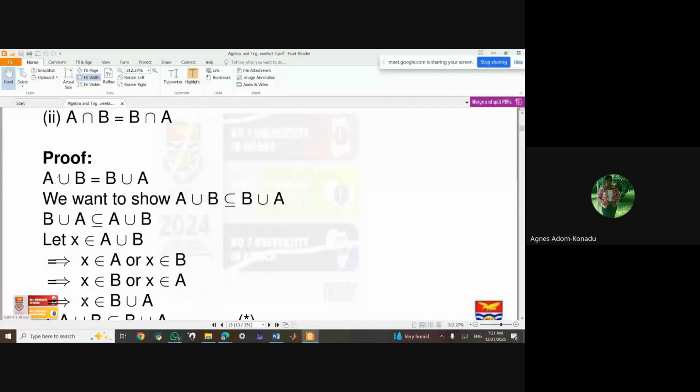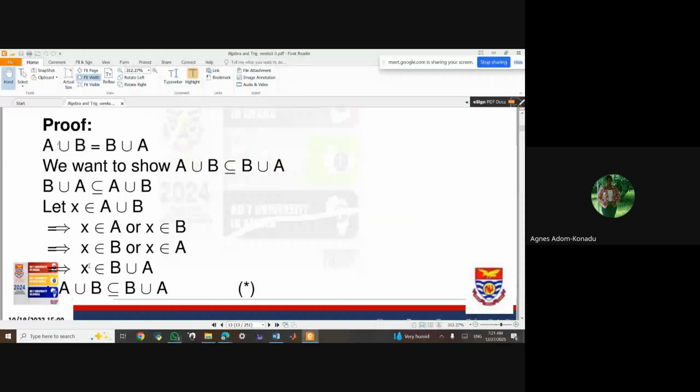So this means that X is in B union A. So since we've been able to prove that X is in A union B, and then we've ended here as X is in B union A, it means that A union B is contained in B union A. So that is the first one.